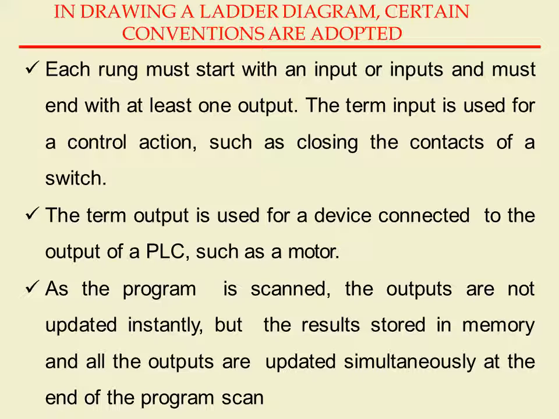The term output is used for a device connected to the output of the PLC such as a motor. As a program is scanned, the outputs are not updated instantly, but the results are stored in memory and all the outputs are updated simultaneously at the end of the program scan.